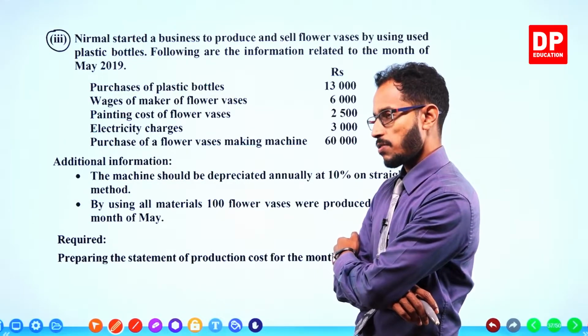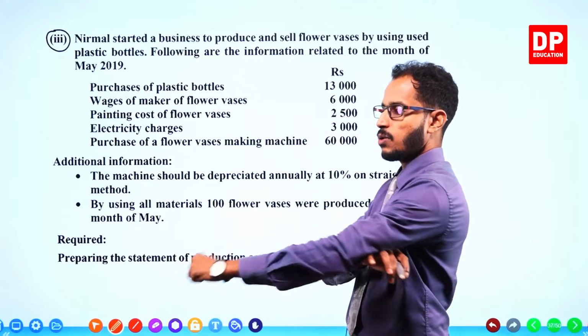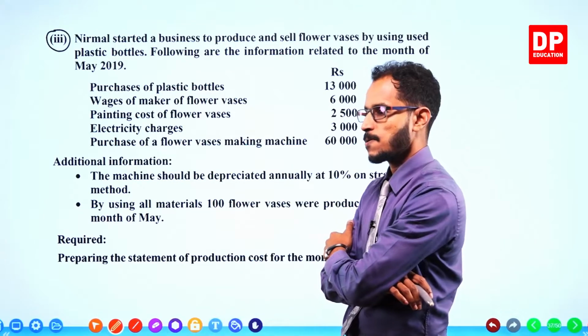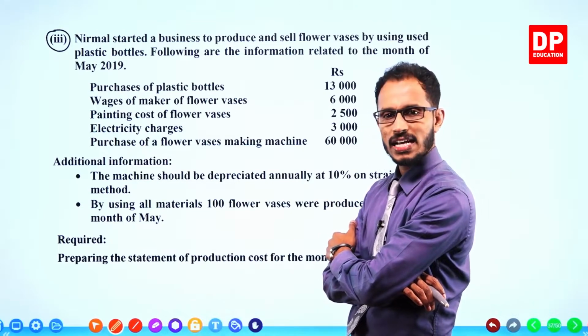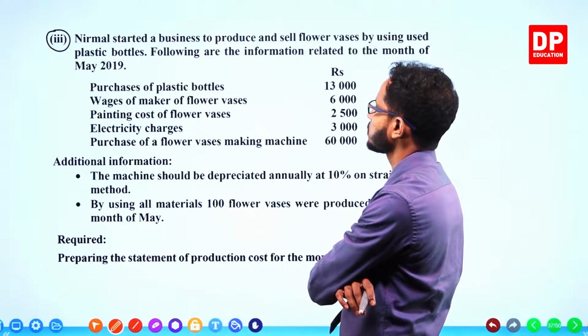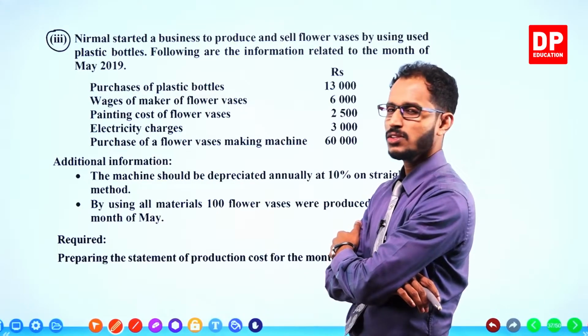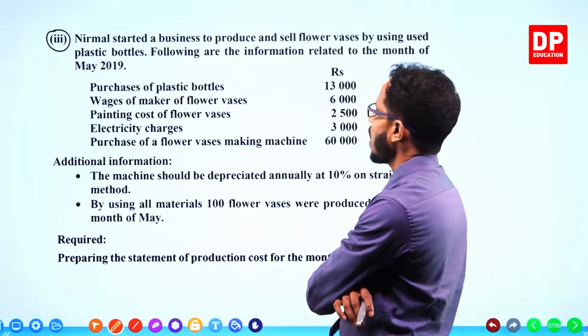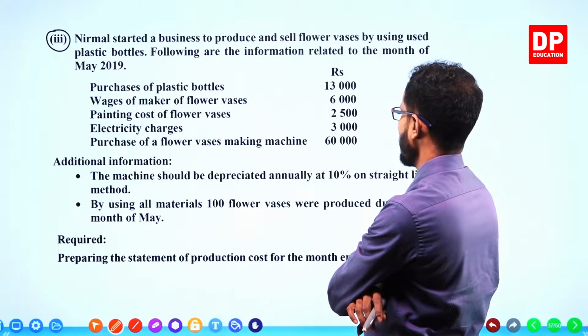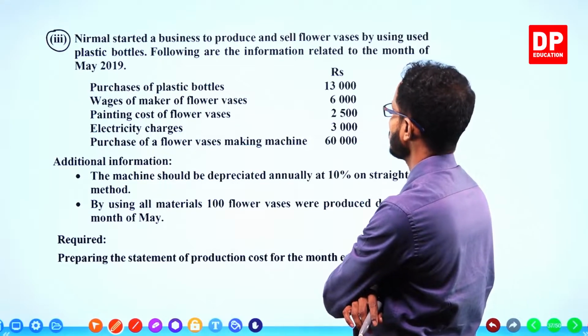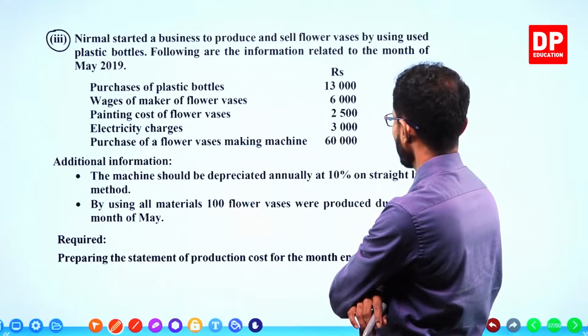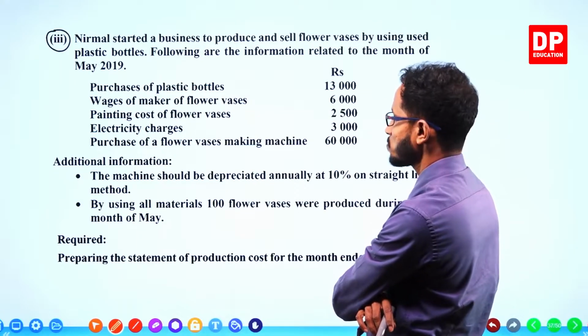That's a very environmentally friendly business, isn't it? Yeah, very thoughtful, no? Following is the information related to the month of May. Nirmal started producing flower vases using used plastic bottles.